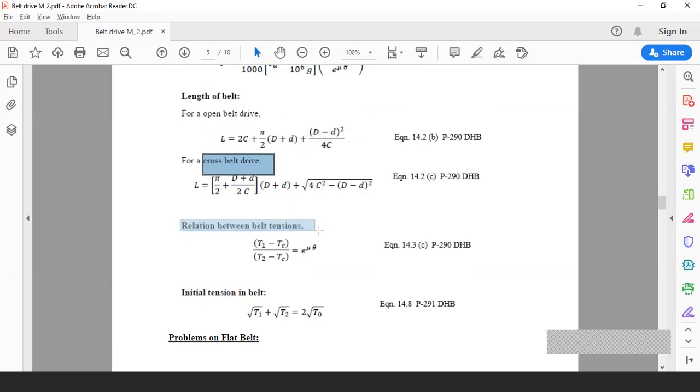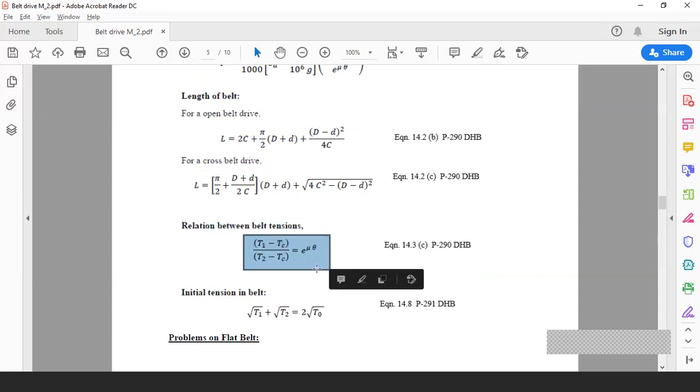The relation between the driving tensions, say T1 by T2 equal to e raised to mu theta, is what we have derived. Since centrifugal tension is also acting here, it is one of the important parameters, so with respect to that, we have to consider that centrifugal tension also.